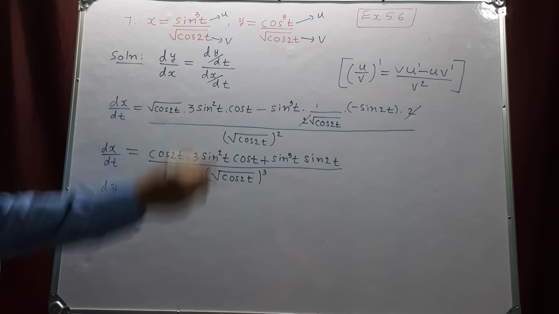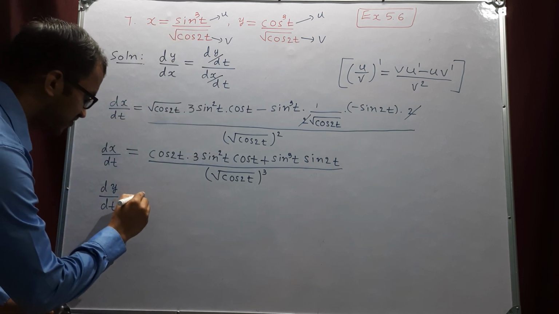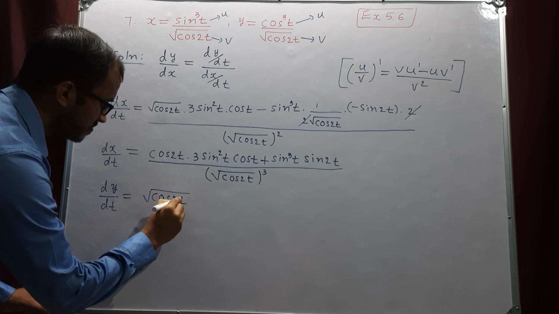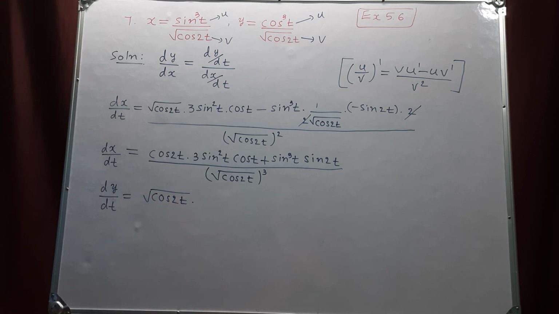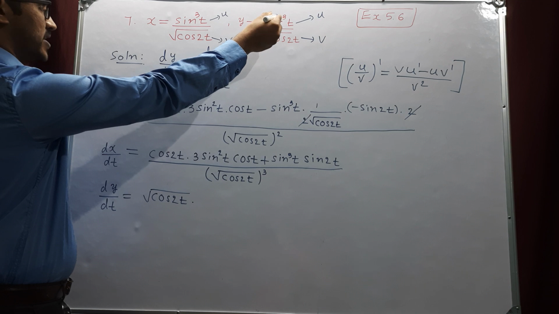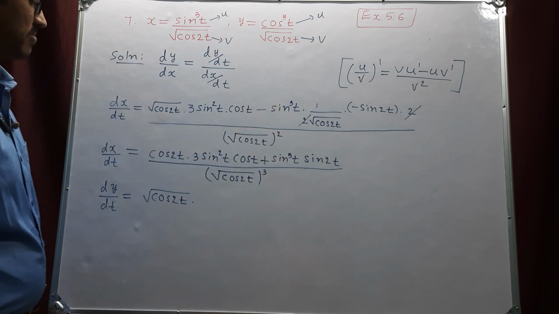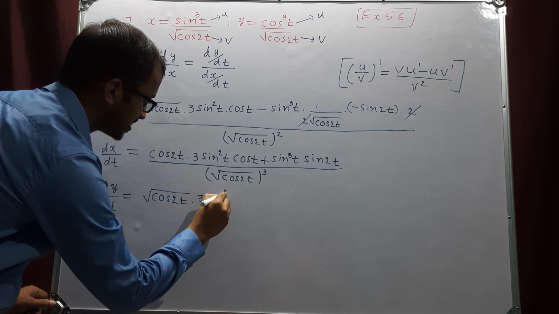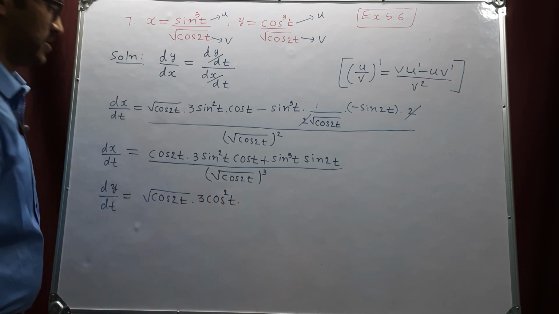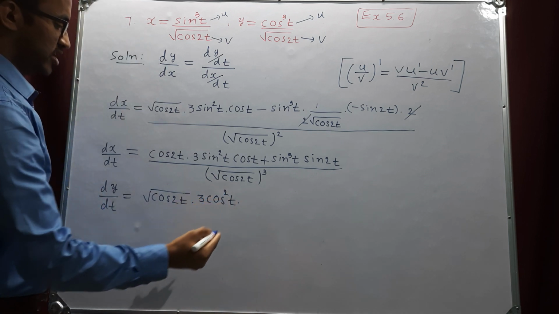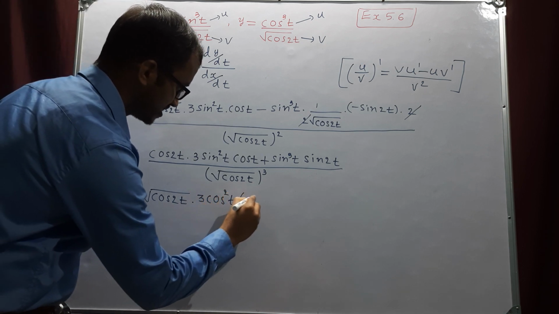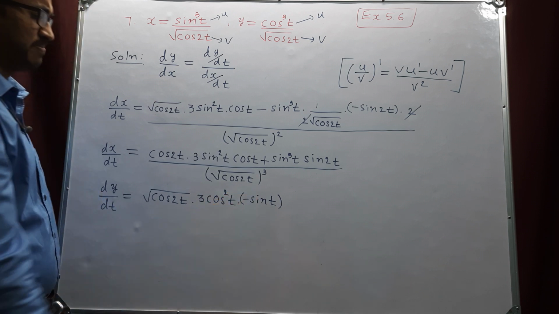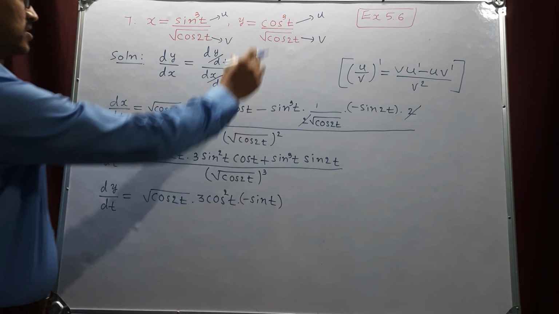So v into u dash, that is root of cos 2t into the derivative of cos cube t. The derivative of cos cube t means 3 times cos square t, again the derivative of cos t, and the derivative of cos t is minus sin t.